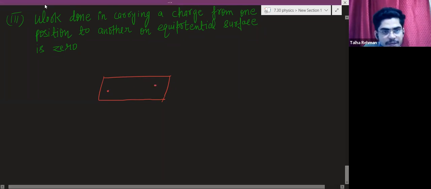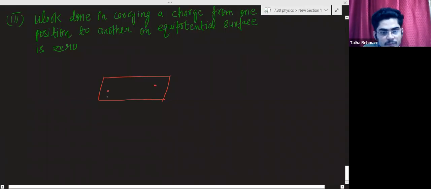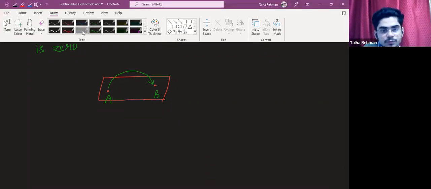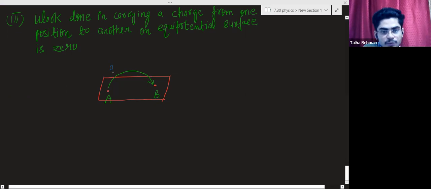Suppose this is a point A and this is another point B, and I am taking a charge Q from A to B, and I want to calculate the work done.